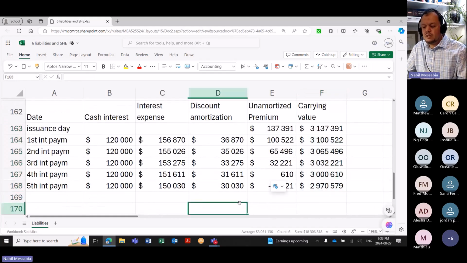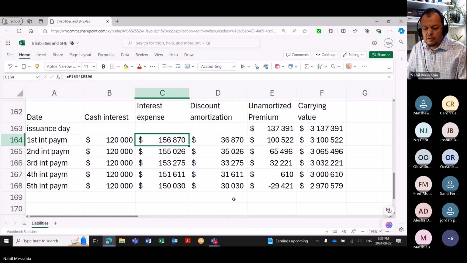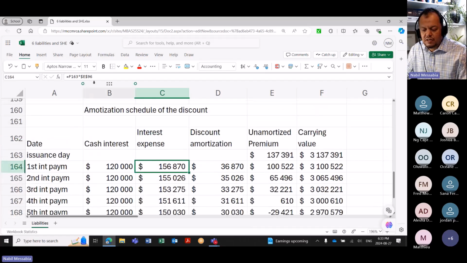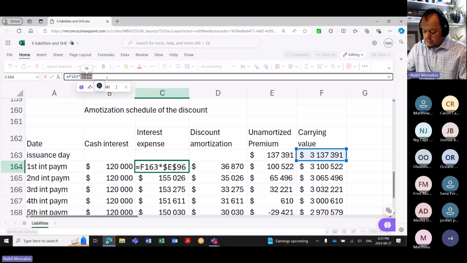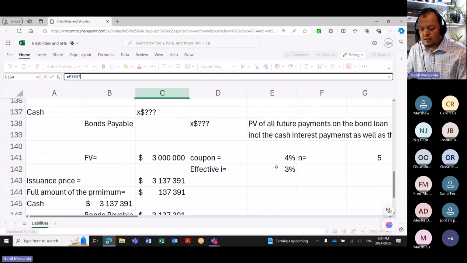with 3 million. It is not the case, because something has to be updated here. So this 120. Okay, we are still using the old rate here. So the discount rate should be 3% now, not 4%. 3%.